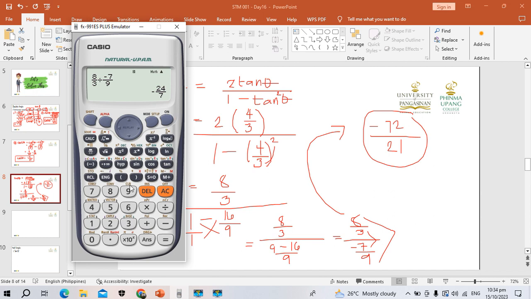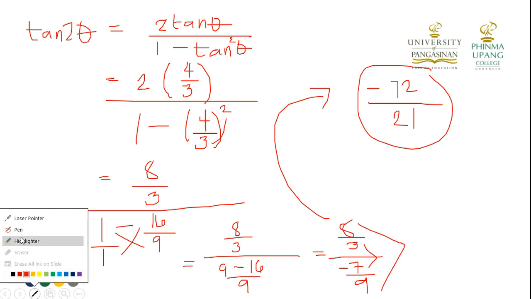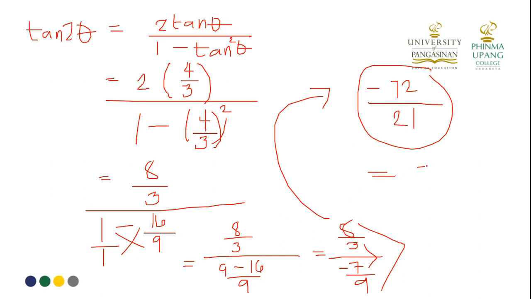We're going to divide it by 3. So 72 divided by 3 is 24. Very good. So then 21 divided by 3 is 7. That's why the answer here is 24 all over 7. Okay, 72 over 21 is 24 all over 7. So this is negative 24 all over 7.